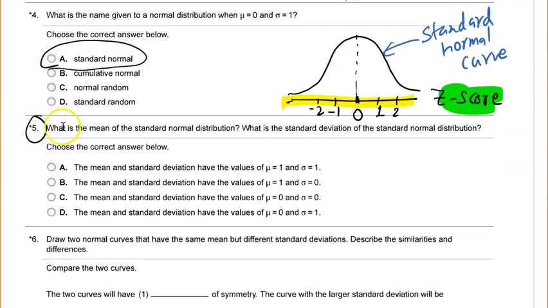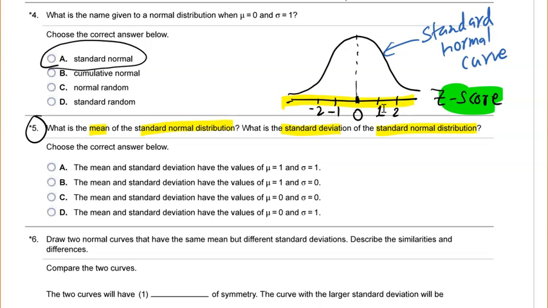Question number 5. What is the mean and the standard deviation? What is the mean of the standard normal distribution? What's the standard deviation of the standard normal distribution? You see that this is called standard normal distribution because for the standard normal curve, the mean is going to be 0 and the standard deviation is going to be 1.